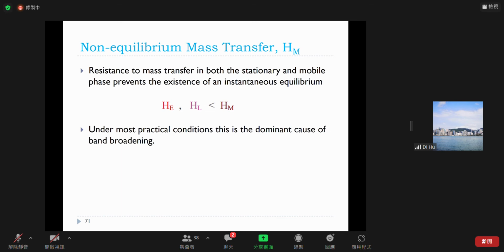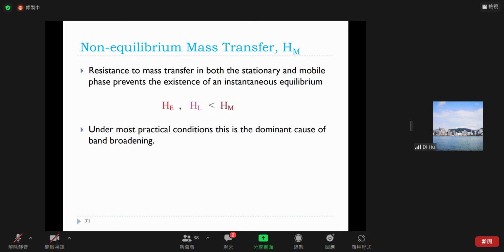When it's distributing, it tries to reach an equilibrium. However, because the analyte keeps transferring, diffusing into the liquid coating on the particle and diffusing into the mobile phase, there is a resistance to this mass transfer in both the stationary phase and the mobile phase.